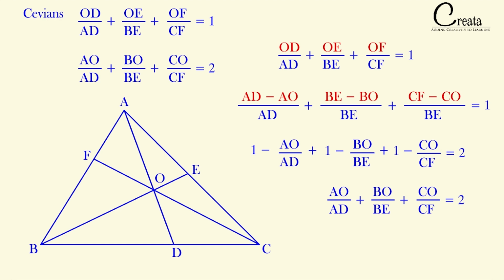Got it? We got the two formulas. In the first formula, OD, OE and OF are the lower parts of the Cevians, and in the second formula, AO, BO and CO are the upper parts of the Cevians.